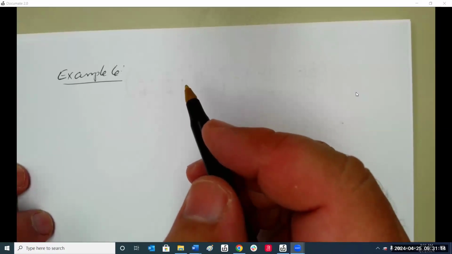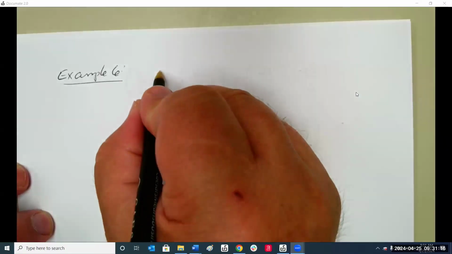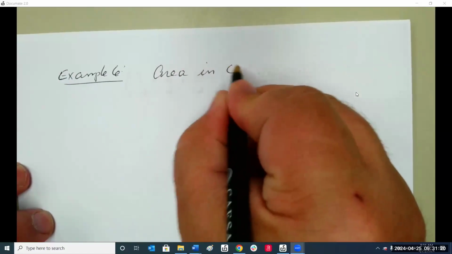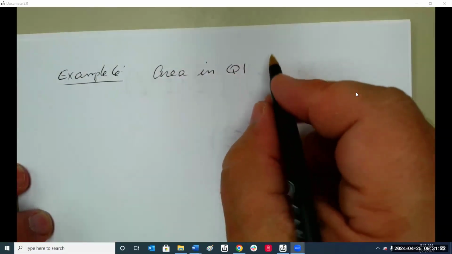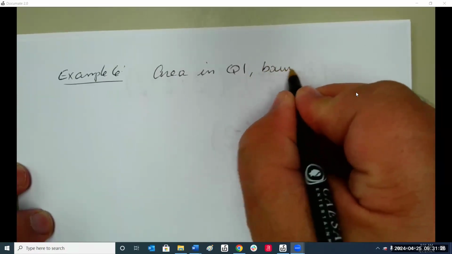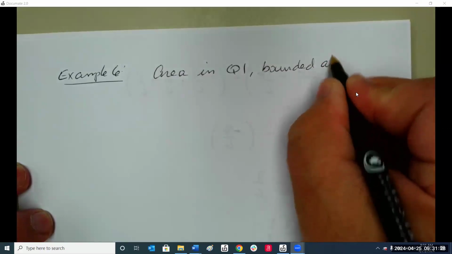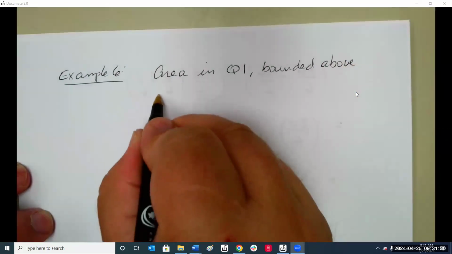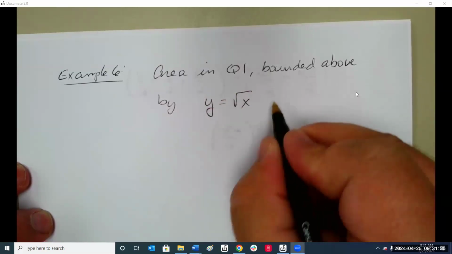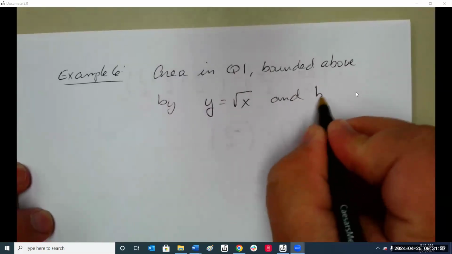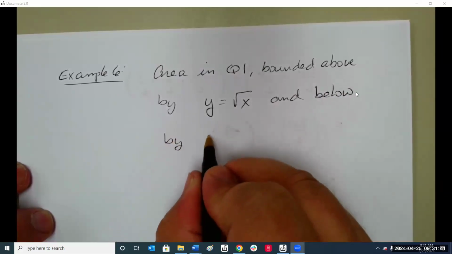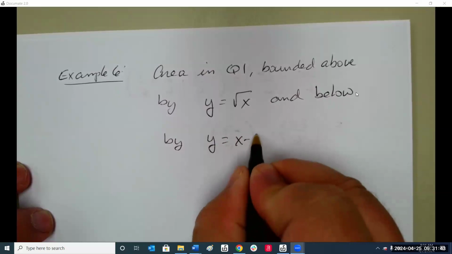Find the area of the region in quadrant 1 bounded above by y equals radical x and below by y equals x minus 2.